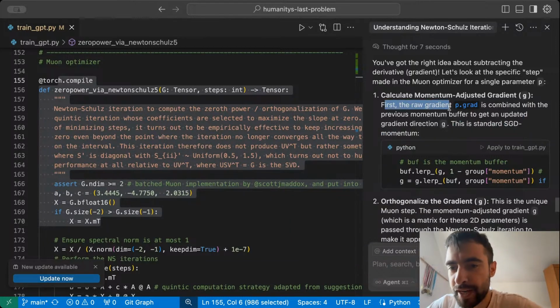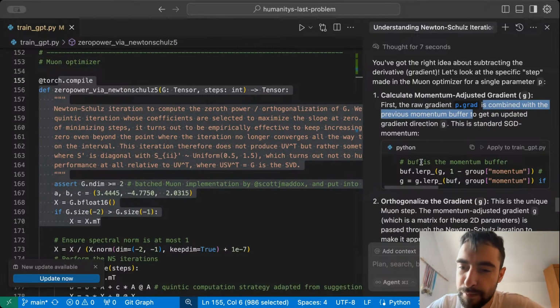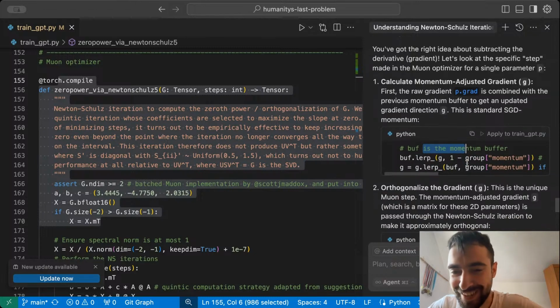First, the raw gradient, P gradient, I guess this is our gradient of our stuff, is combined with the previous momentum buffer to get an updated gradient direction. Buff is the momentum buffer. Okay, momentum buffer is, I guess, memory or something.